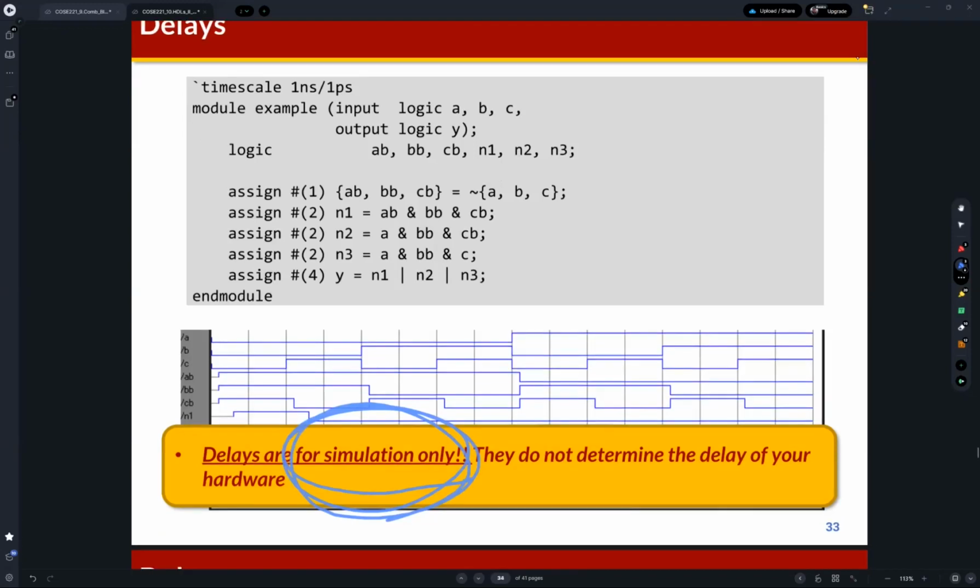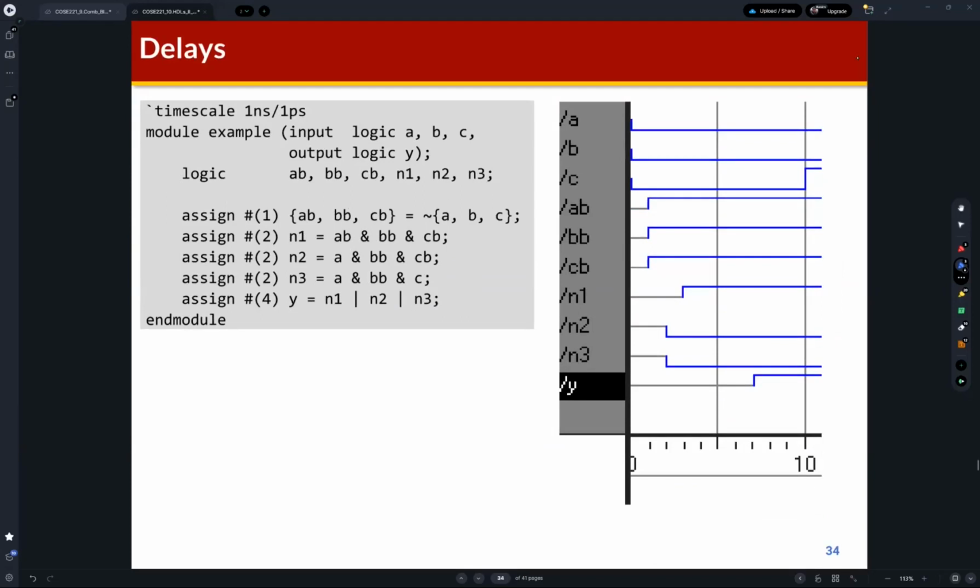Okay. So you can define delay like this. Then let's see the example of delay in SystemVerilog. Initially all signals are unknown in SystemVerilog. And then after very shortly, the values of these signals are determined.